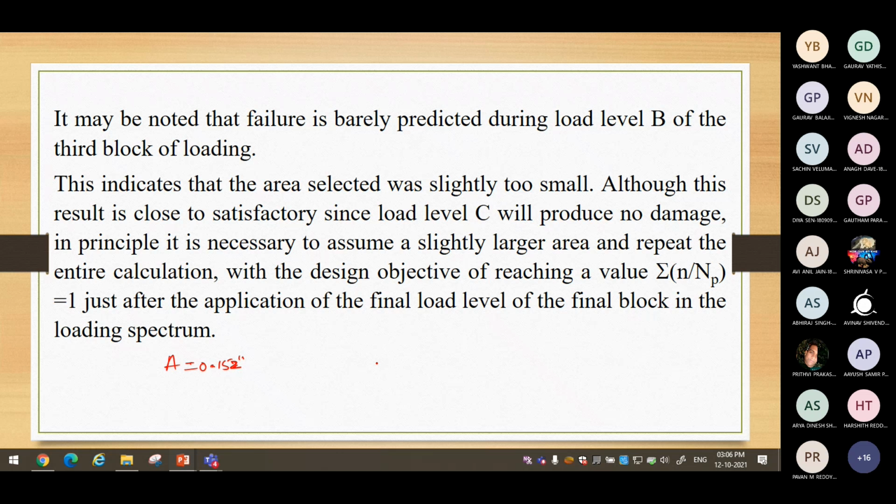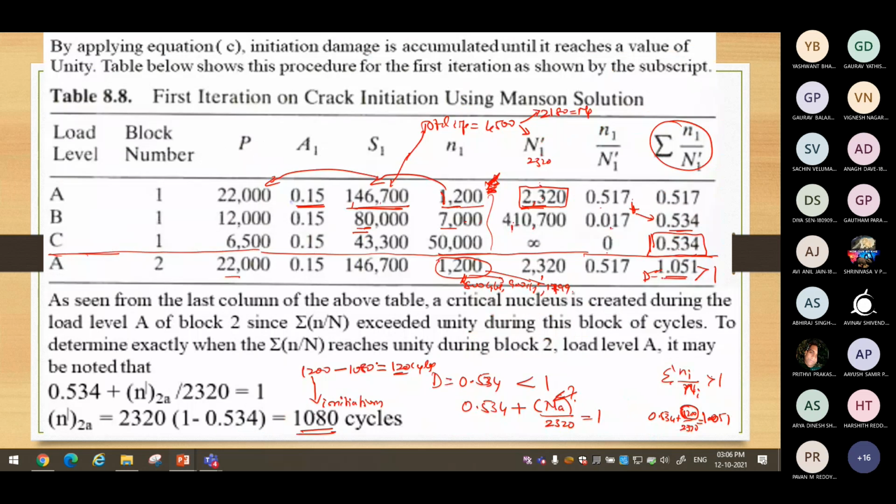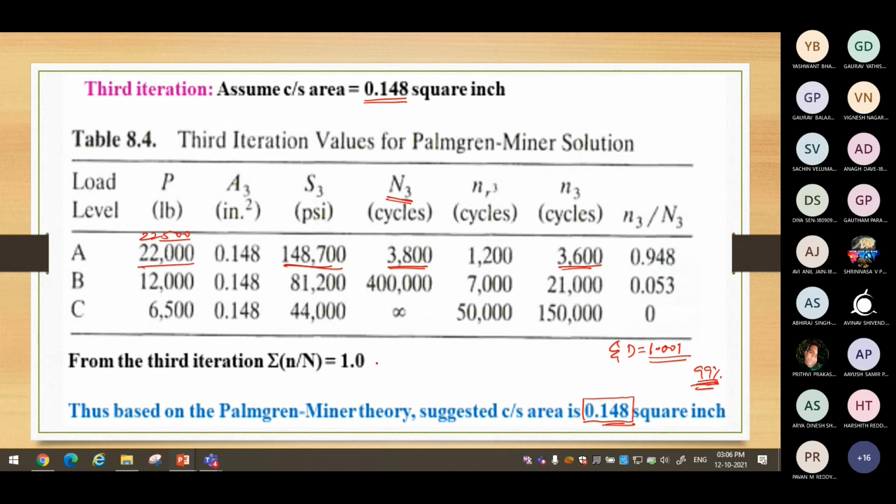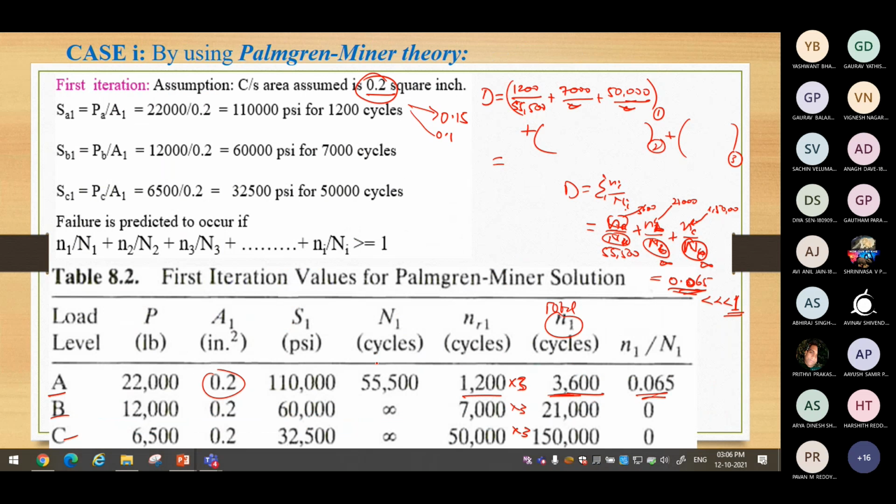Anybody is having any query related to this problem? This is to show you the significance of different theories, how we can make use of various theories, when to use. Can we rely on the first one?